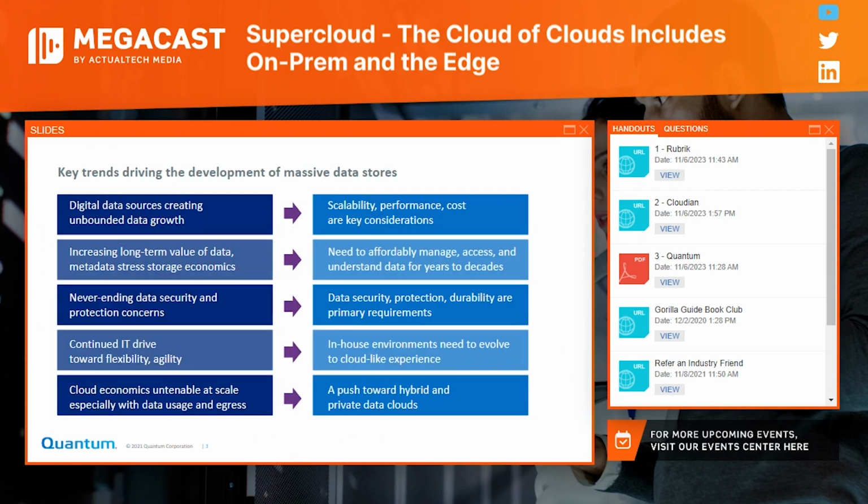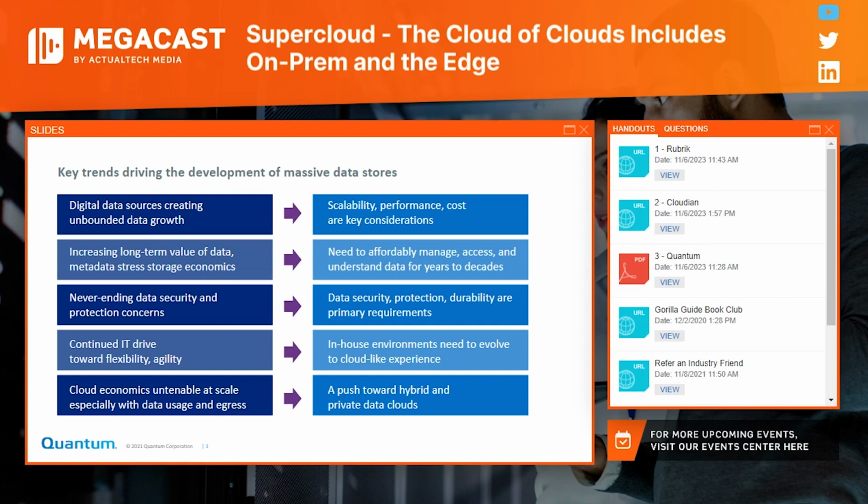When we think about these massive data stores being required as our data grows and lots of data needs to be preserved, a lot of the data is coming from data sources, and that forces requirements for scalability, performance, and low cost as key considerations.